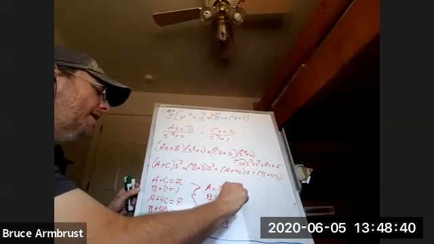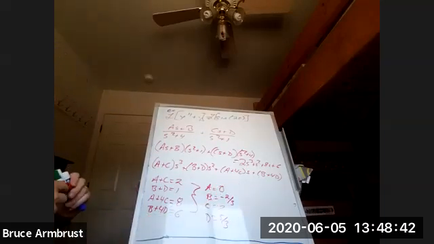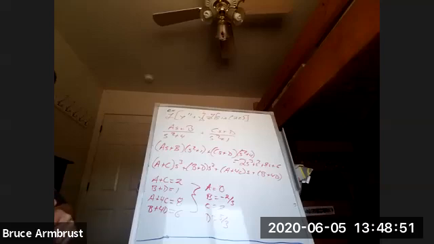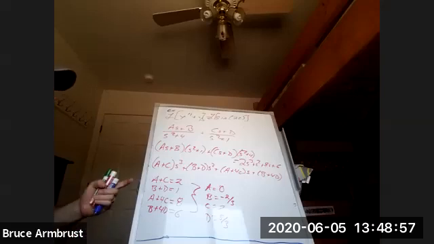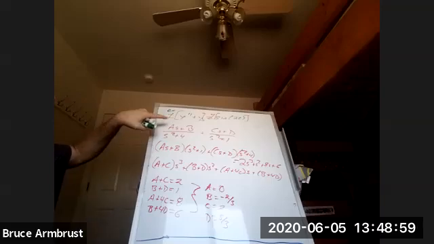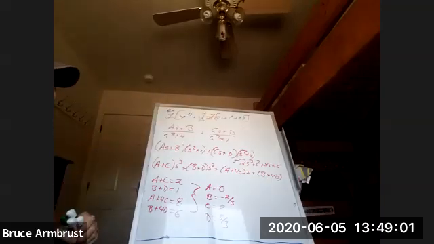So b is equal to minus 2/3. So a whole crap ton of algebra. But now we can plug those numbers in for a and b and c and d.